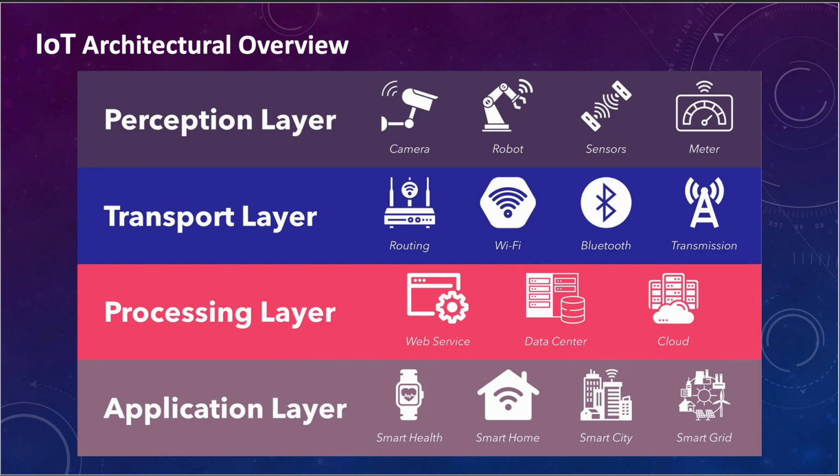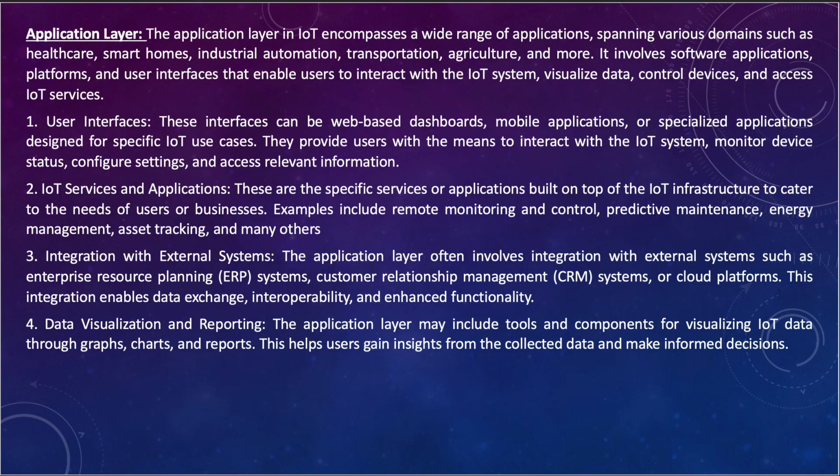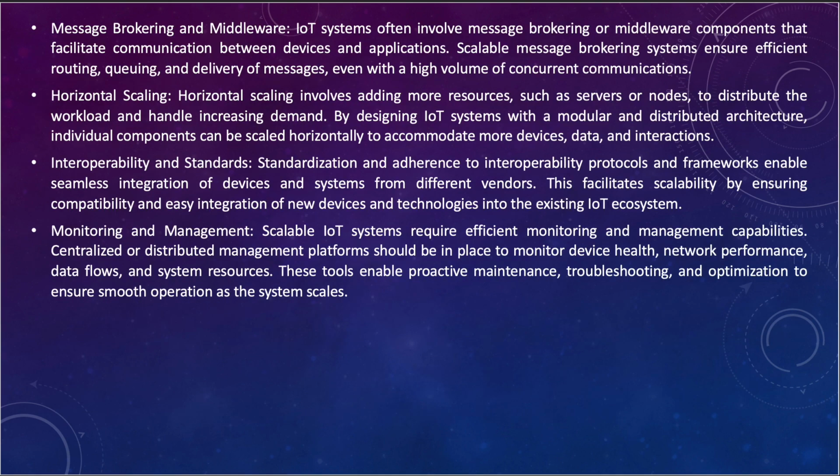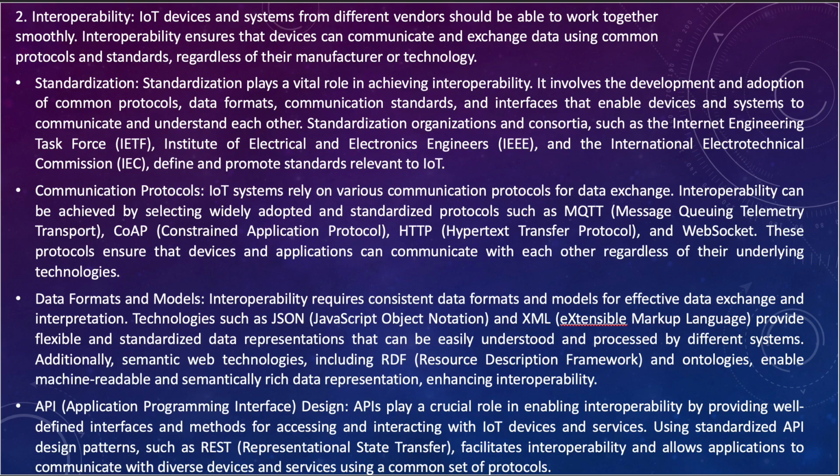It goes to the transport layer, the processing layer, the application layer. As in the past examples, hardware, software, network communication, whatever the layer we are working with, standardization is important so that compatibility will be there between devices. So the next subtopic would be communication protocols.